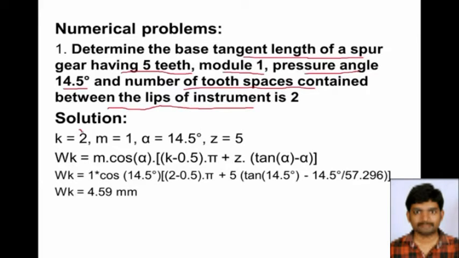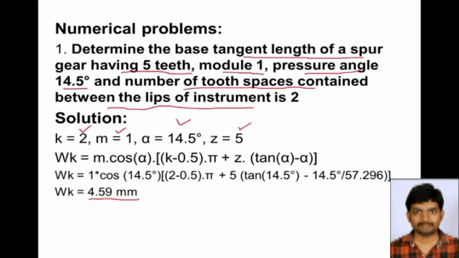So the given data is k equals 2, module m equals 1, pressure angle alpha equals 14.5 degrees and z value is 5. So the Wk formula is Wk equals m cos alpha into ((k minus 0.5) pi plus z (tan alpha minus alpha)). By substituting these values in this equation, we get Wk equal to 4.59 mm. Okay, so I hope everyone understands this problem.